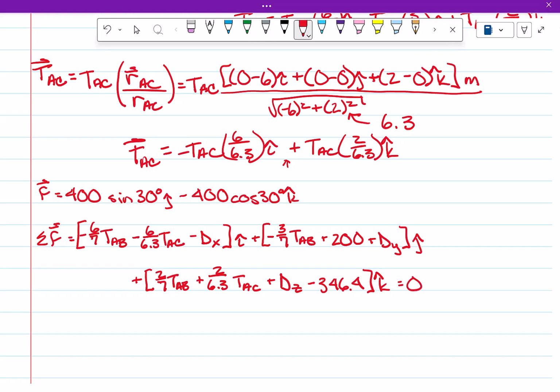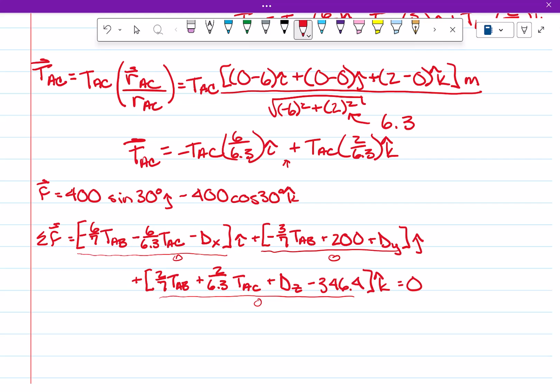Now, since this is in equilibrium, each component of our Cartesian coordinate must also equal to 0. So this must be equal to 0, otherwise it moves in the x direction. This must be equal to 0, or it moves in the y direction. And this must be equal to 0, or it moves in the z direction.